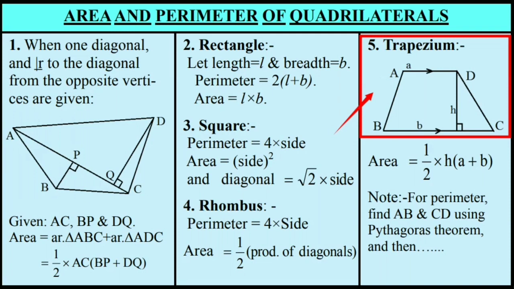So here if a and b are the parallel sides and h is the distance between the parallel sides, then area of the trapezium is half multiplied by h multiplied by a plus b. And to calculate perimeter, we need to find out AB and DC, and that can be obtained using Pythagoras theorem.